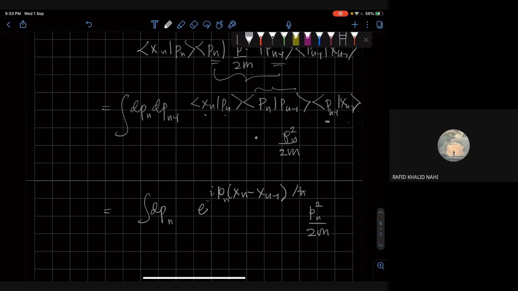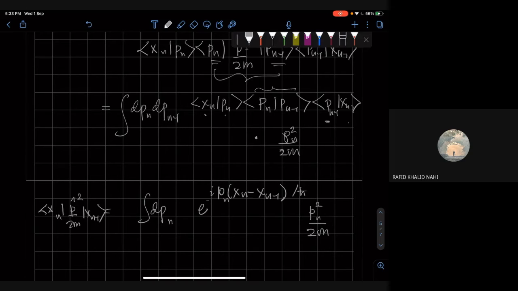Okay, so this is our expression for x n, p squared by 2m, x n minus 1. This is small n.